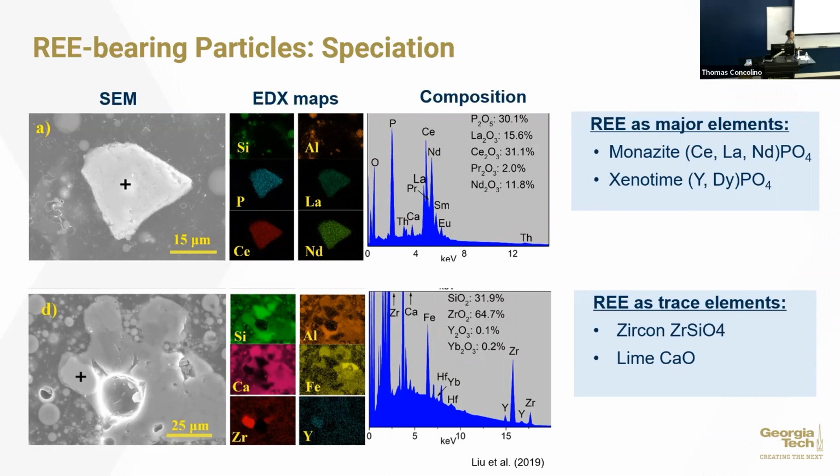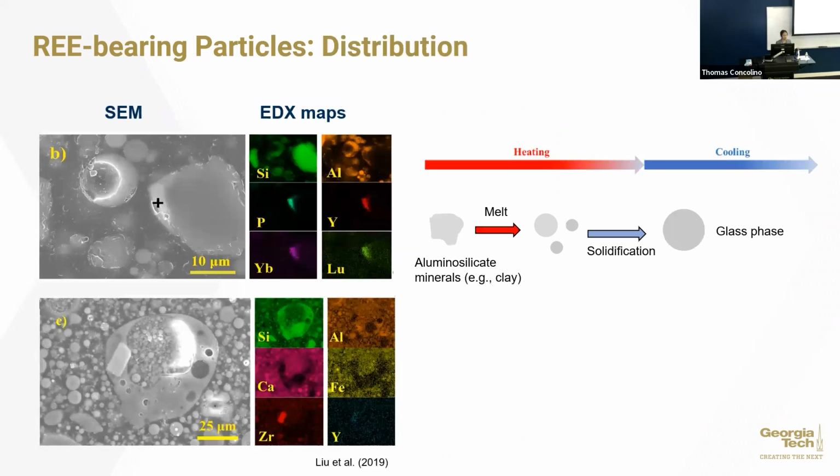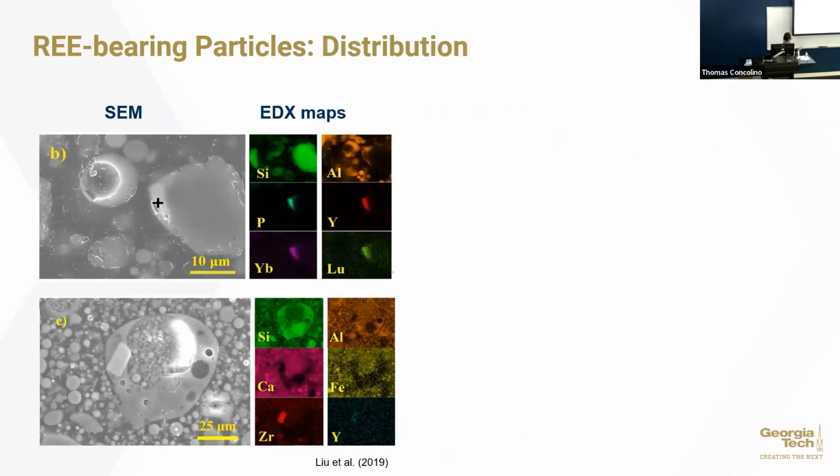So that's just another level of complexity of speciation that you're looking at. They also distribute very differently. In this case, they are located on the edge of a large particle. But in this case, you are looking at them as an inclusion in a glass phase.